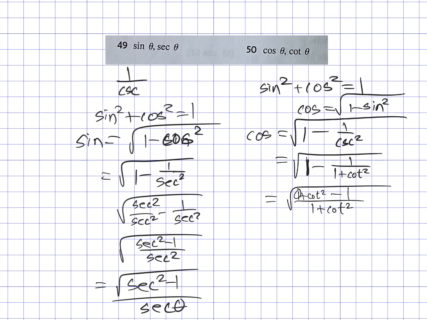And you have this 1 minus 1, those cancel out. So what do we have here? We have the cotangent squared over 1 plus the cotangent squared. This is all under the radical. We can take the square root of cotangent squared and get cotangent. And we're still left with 1 plus the cotangent squared in the denominator under the radical. Okay, and that should be the answer.